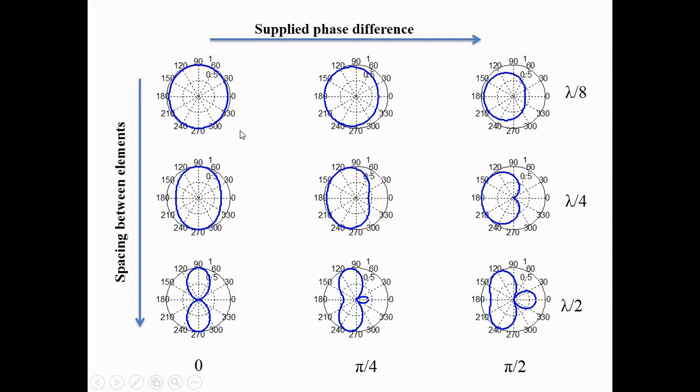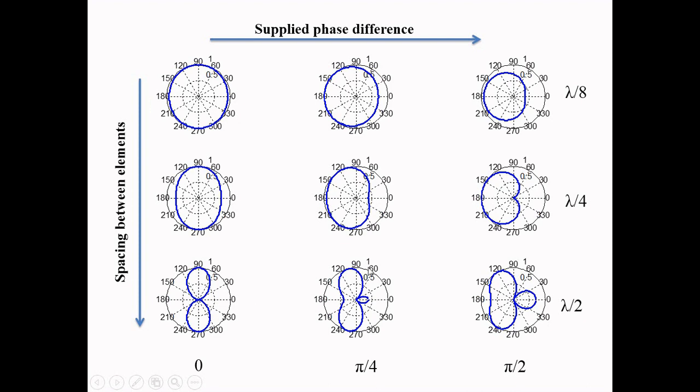Why? Because if the radiation patterns of the two elements overlap each other nearly, we'll again get a circle because they are not interfering destructively anywhere. But as the distance between these two is increased, we'll start seeing minima somewhere or the other.